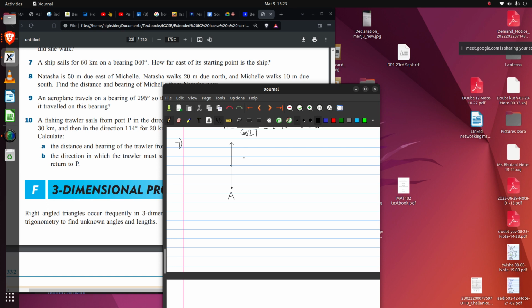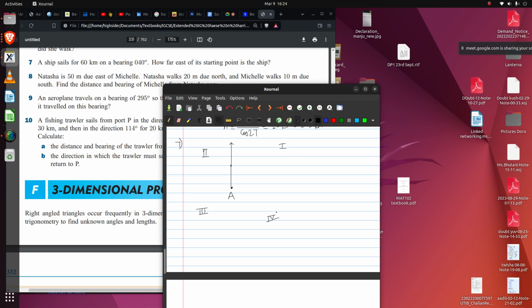And you have to go a bearing of 40 degrees. So how will you go? Should you go in the first quadrant, second quadrant, third quadrant? Where should you go?